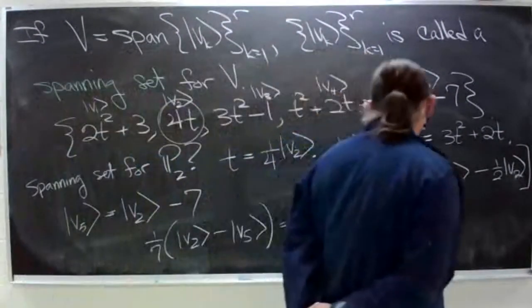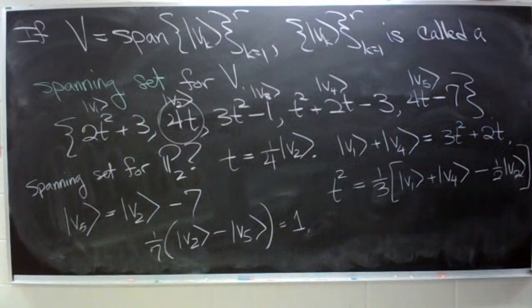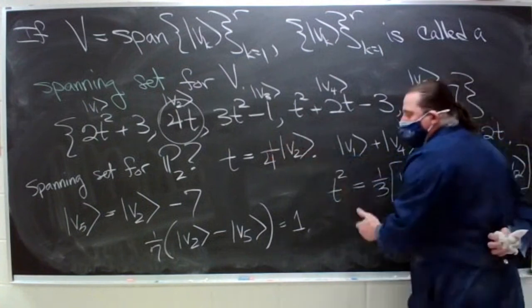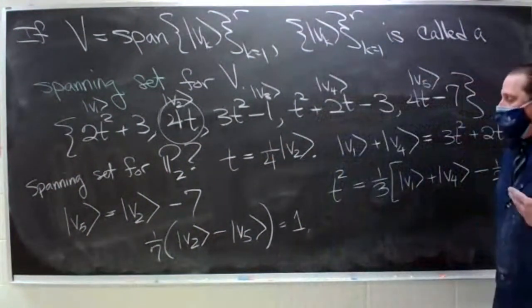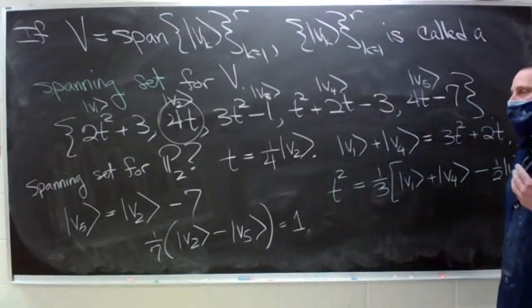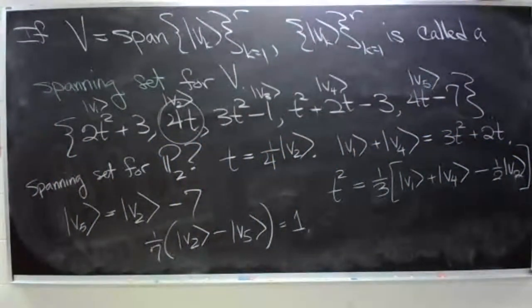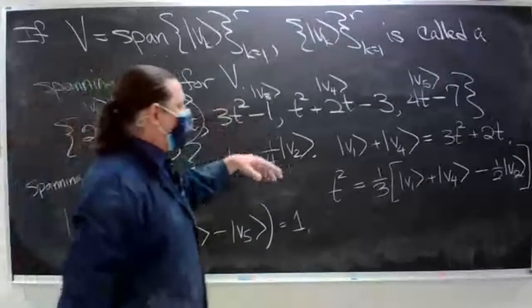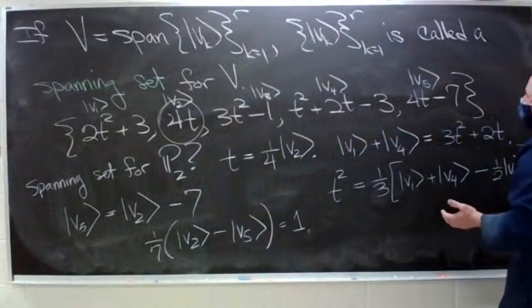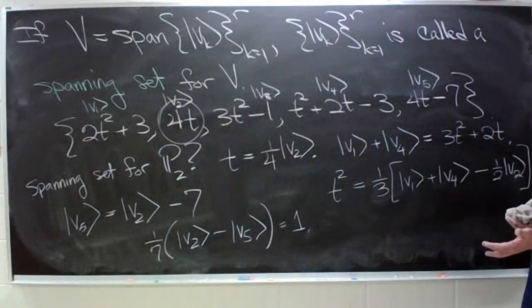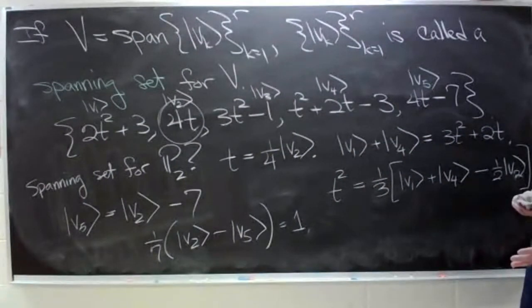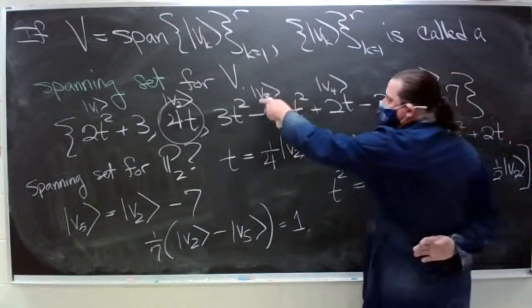I don't need to include it separately. Since I can get t, t squared, and 1, I can clearly get any vector in P2. So this does represent a spanning set, but it's kind of too big. It contains too many elements. I don't need this many. We just saw I didn't need v3.